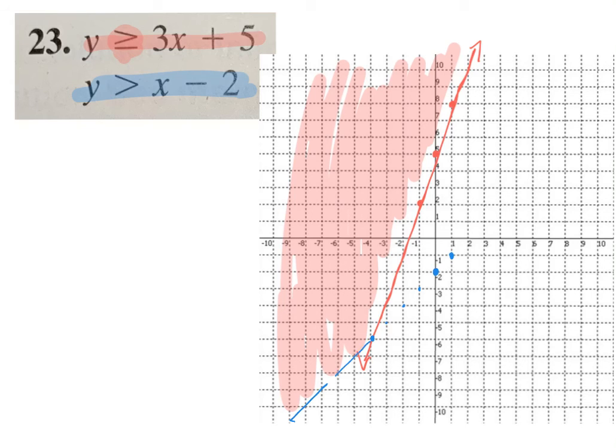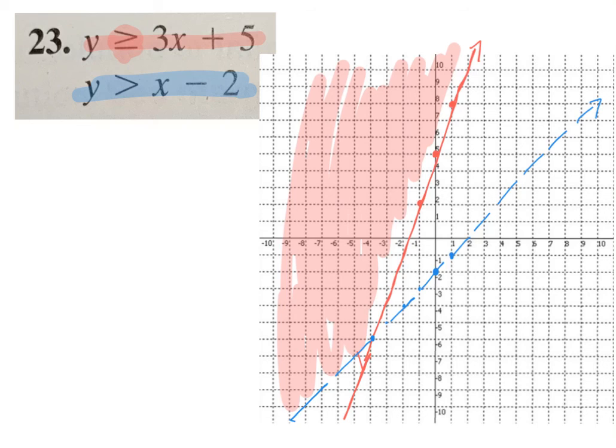This particular one is a dashed line. It's dashed because I do not have an or equal to. So when you don't have an or equal to, you are going to dash your line. Now, this particular one is also greater than.